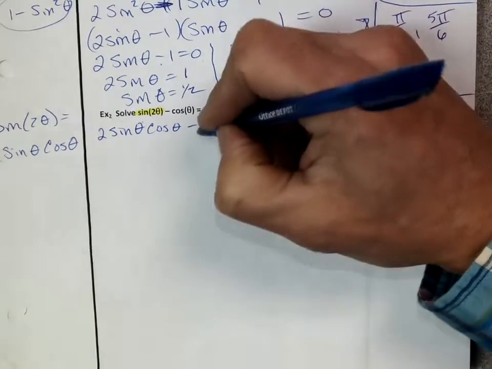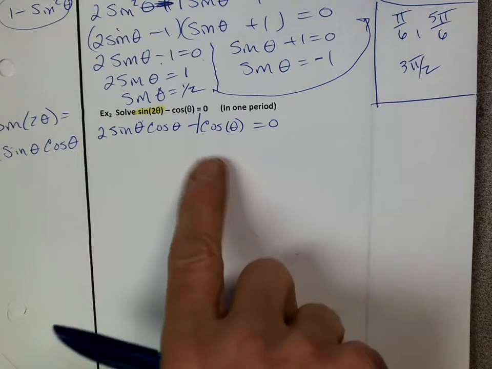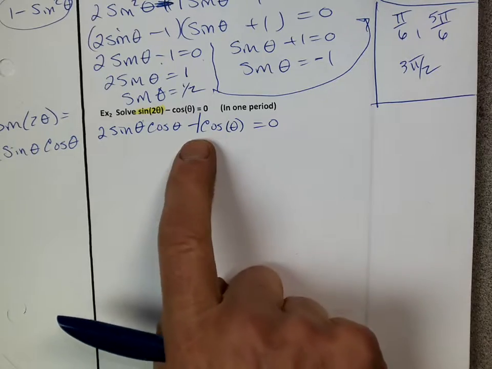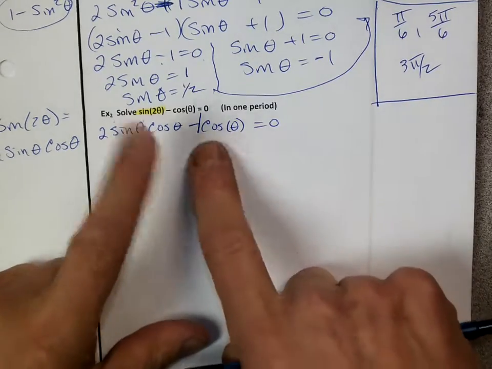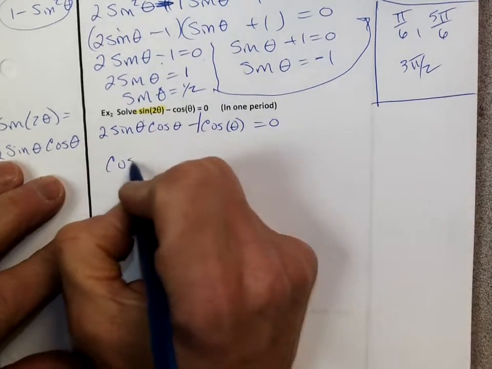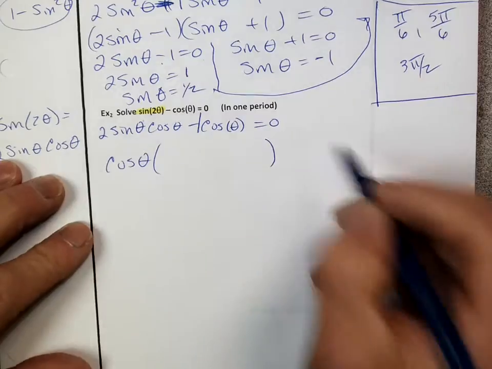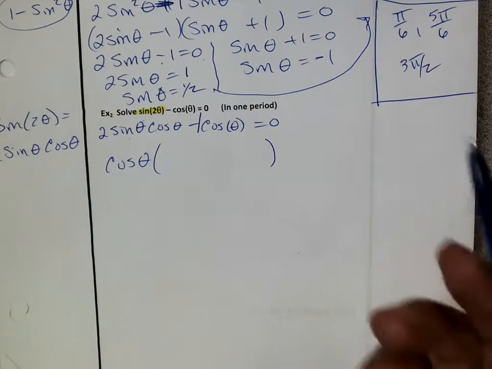To help me out, I'm going to put a 1 right there, just because I know the next step I want to do is to common factor. So if I put a 1 there, it helps me remember that there's a 1 there, okay? So then again, I take a look. I want a common factor. They both have a cosine in common, right? So I'll take out the cosine of theta. And then what goes inside? Well, that's just going to be 2 sine theta minus 1, right?